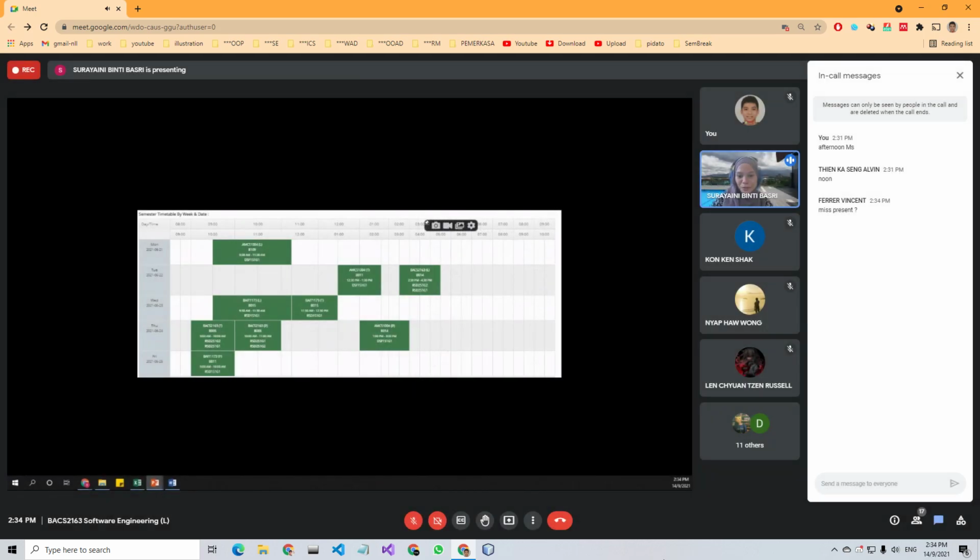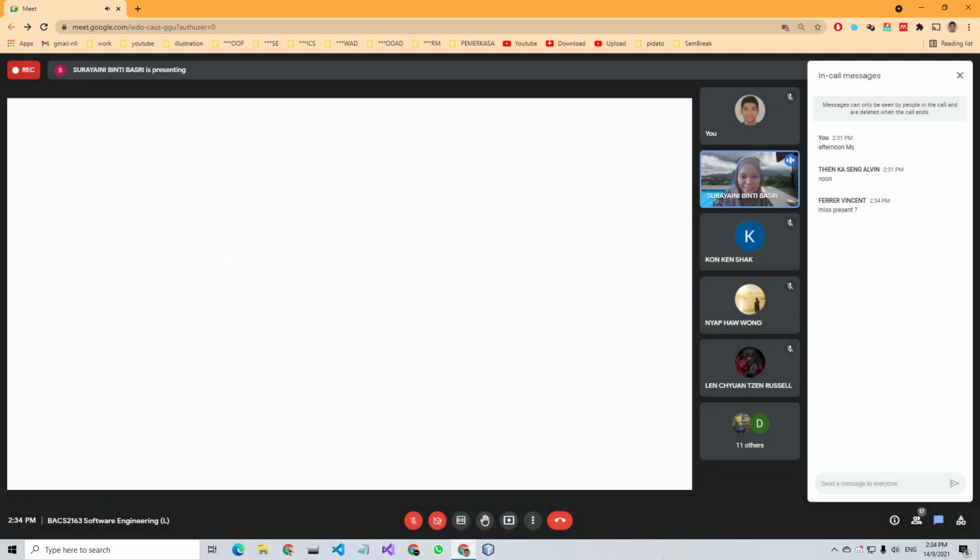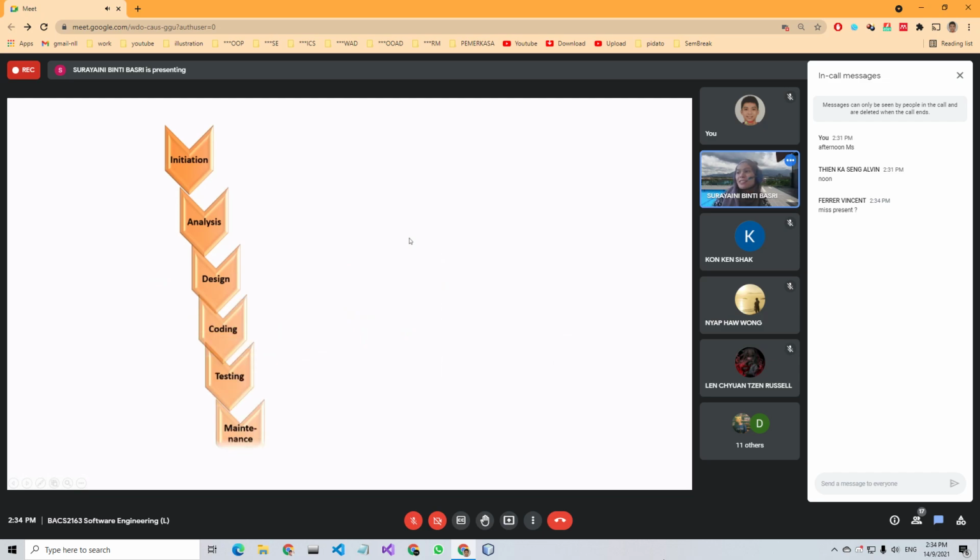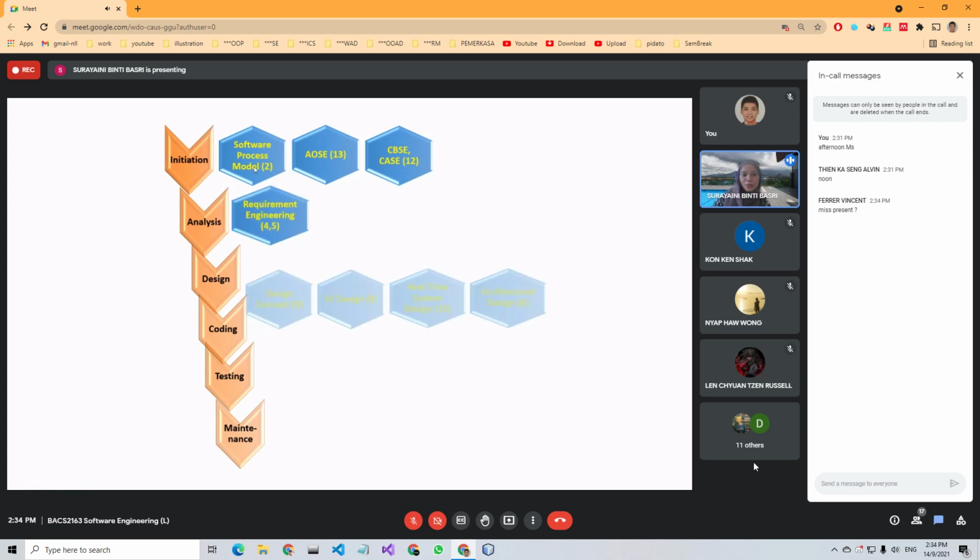Just now, what I showed that you all didn't see is the mind map. This is the SDLC stages. Previously we learned chapter 2, software process model, and requirement engineering in chapters 4 and 5.